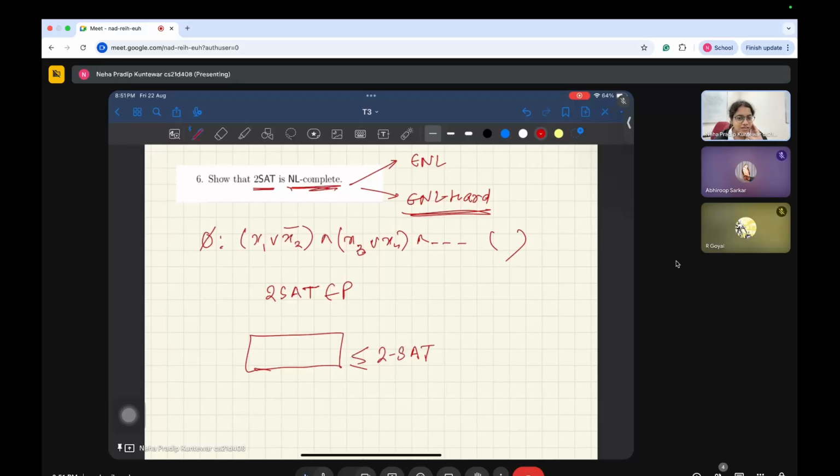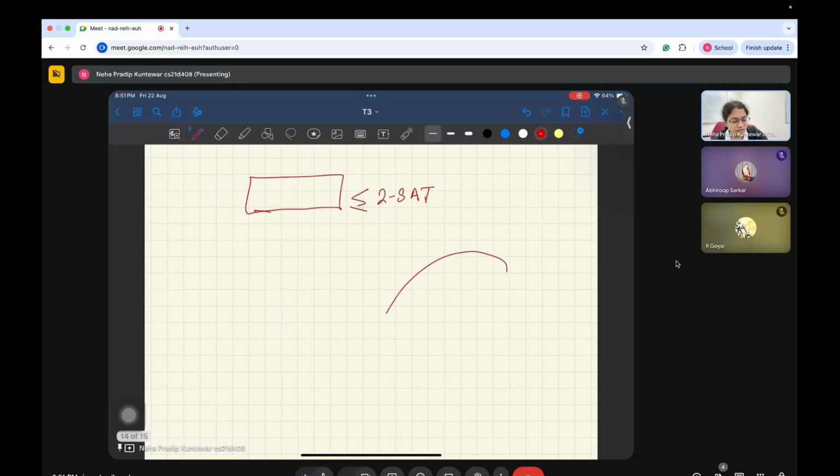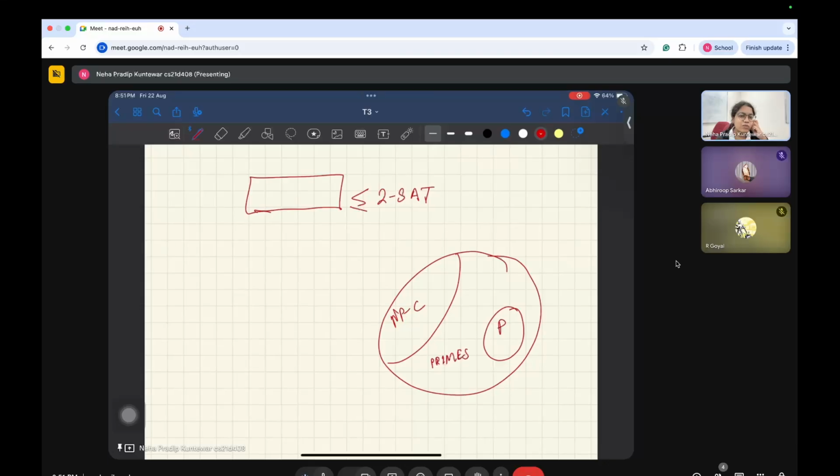I'll draw that diagram again. We had some NP-complete problems here and some P problems here, and primality testing was one problem that we did not know whether it was hard or in P. Nothing was certain, we kept on trying, and eventually it so happened that it went into P.